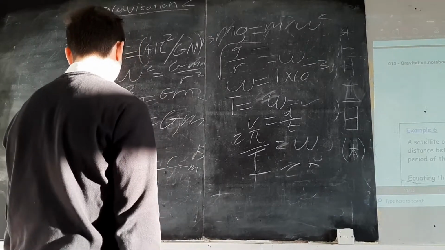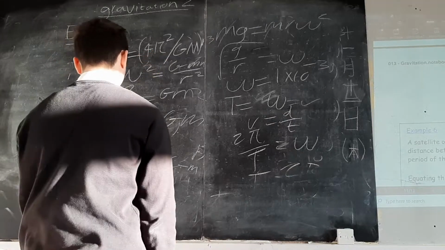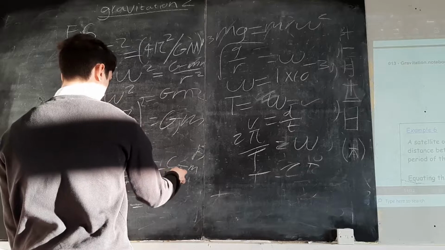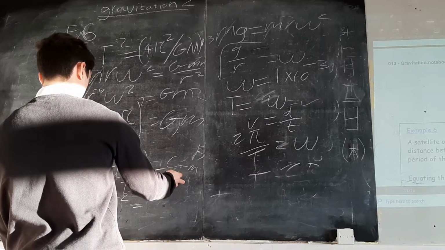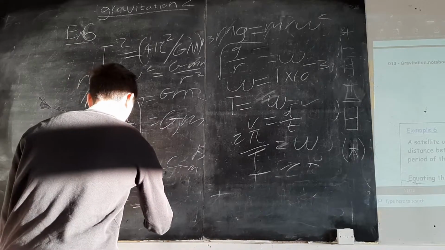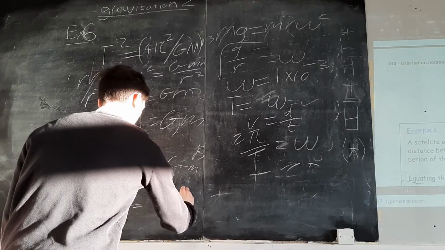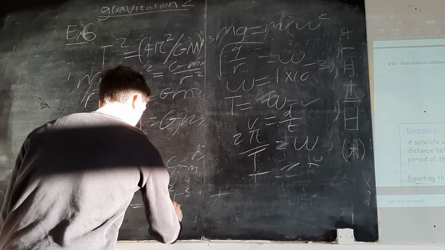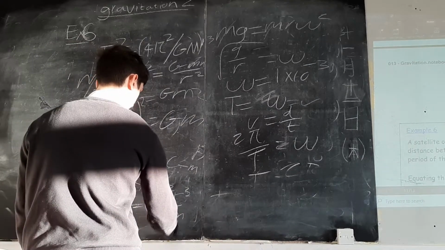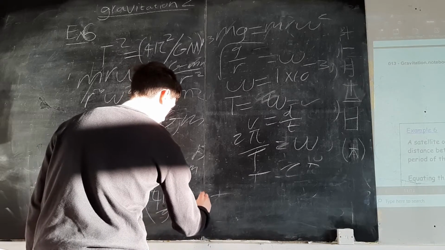Then we can rewrite it: T squared is now flipped onto the bottom, that's now on top. So we get 4 pi squared R cubed divided by GM, and then we just get rid of the R squared.